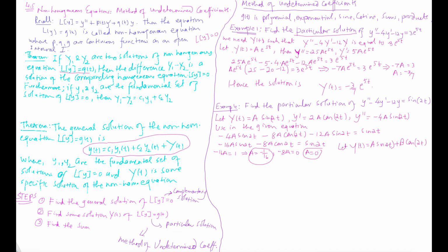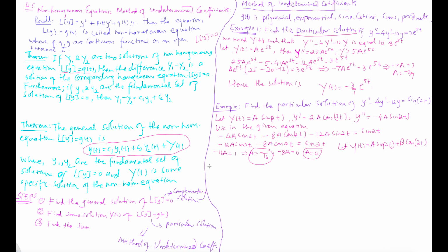If you do that, then you will get something to compare on the left side and right side, so that you can find out the value of a and b. So if you find y of t, y prime of t, and y double prime of t, and plug them in, you will get two equations.